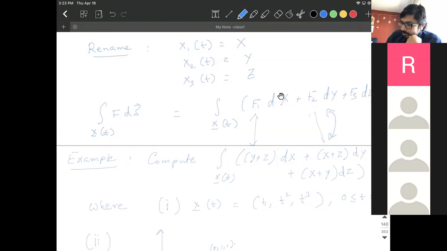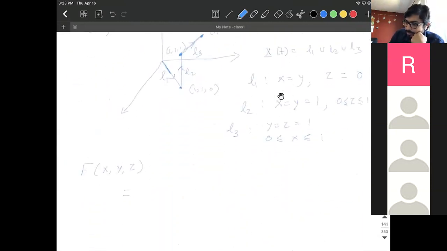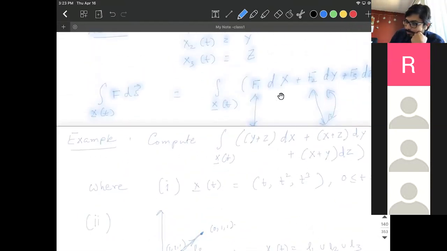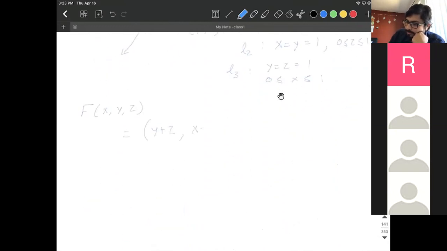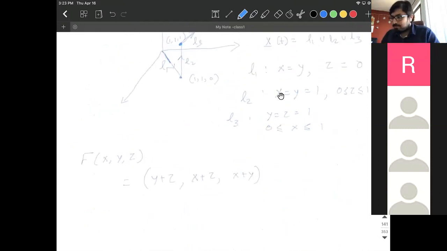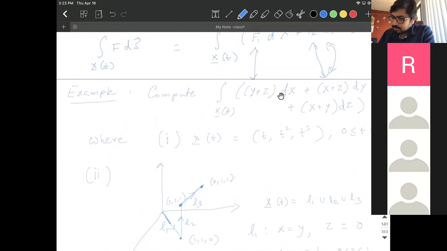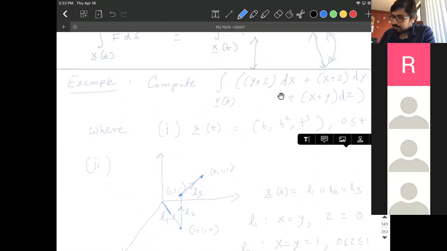Similarly, x plus z is the second component, and x plus y is the third component. So our hidden vector field is y plus z, x plus z, and x plus y. But we don't really need the vector field here. We know the vector field, but we really need to compute this.